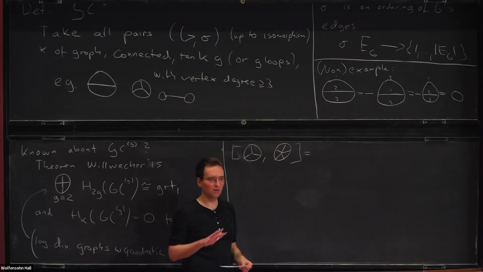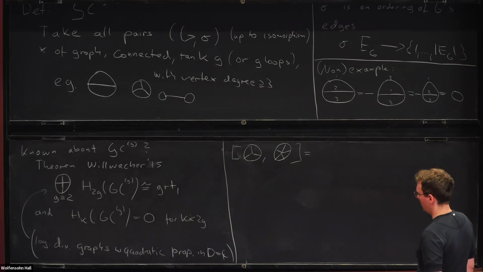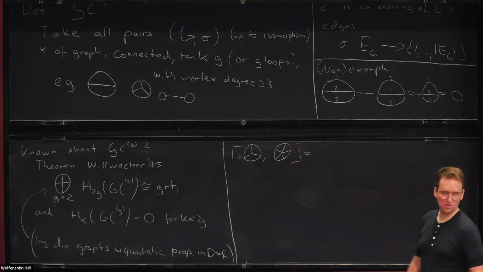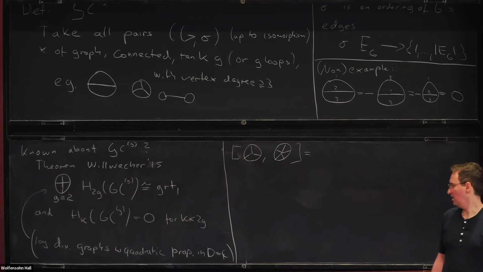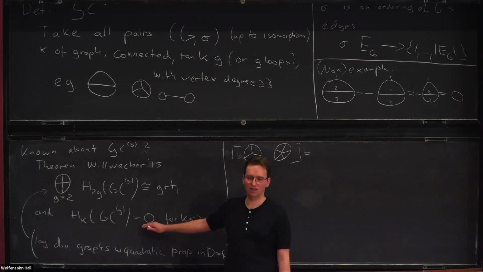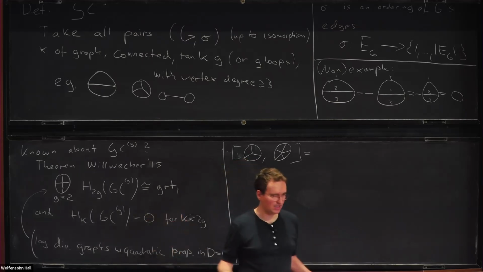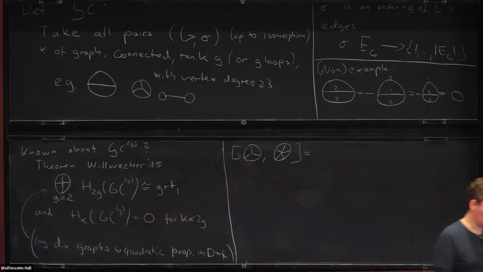More questions? Yes? Does the physical perspective give any insight into the vanishing of homology for degree less than 2G? I don't think so. Probably not. This vanishing means that everything that is superficially higher divergent is 0. So everything that is quadratically divergent, or has any higher order of divergence, vanishes.